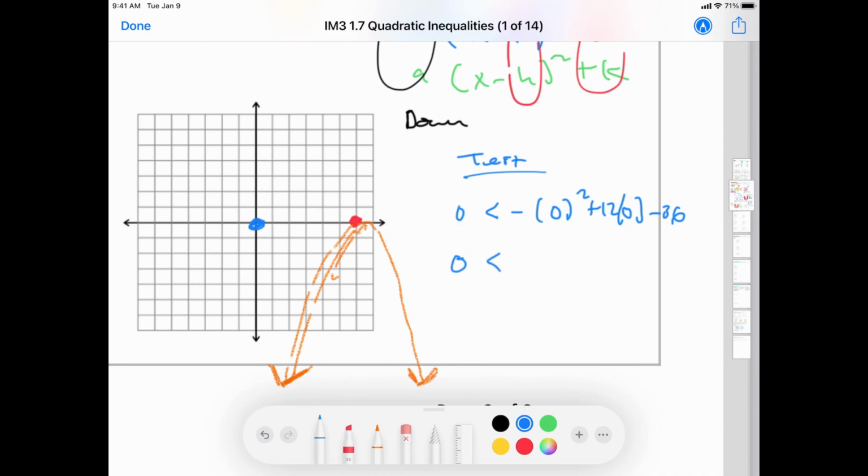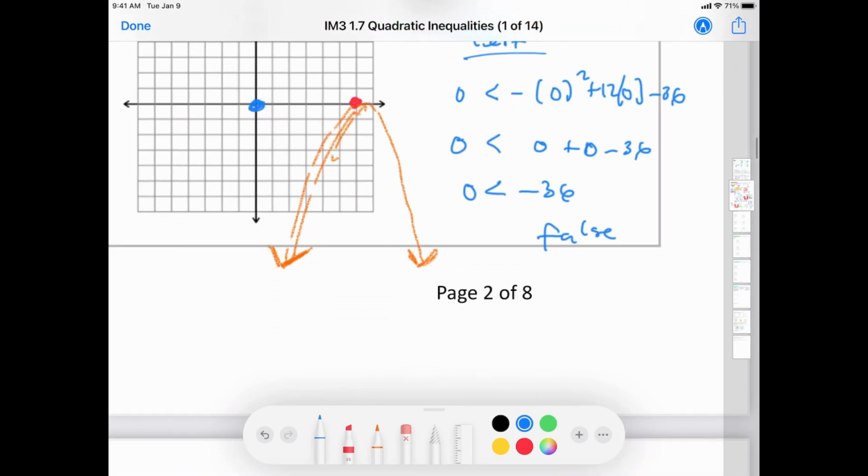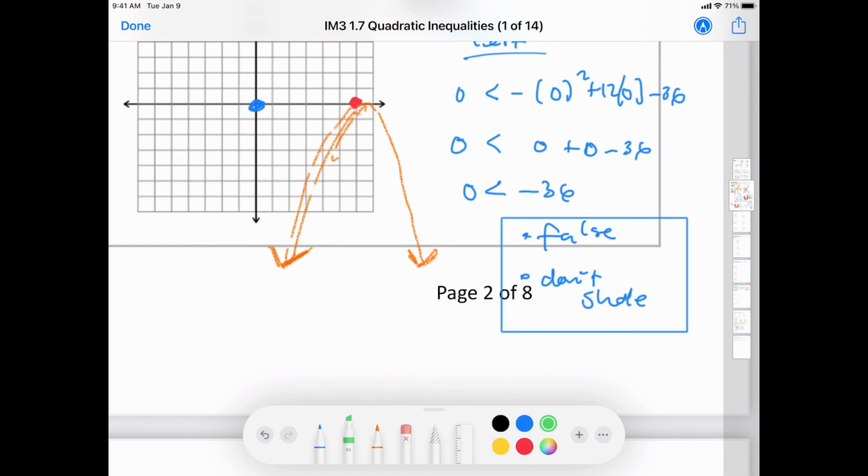So all that will become 0, 0, and is 0 smaller than -36? This is false. False means don't shade. So don't shade the side that has (0, 0). So in this case, that would be the inside.